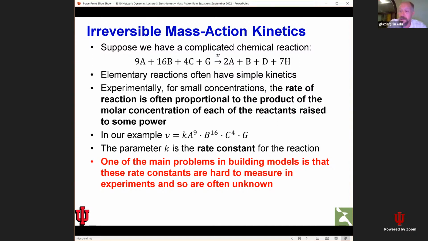Those rate constants are typically hard to measure and are often not known. But these days, people are getting better. Measuring affinities between molecules, binding constants, is relatively easy, but they tell you about equilibrium, not about kinetics. They tell you about the difference between forward and backward rate.